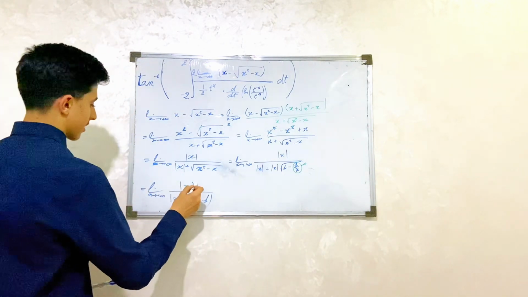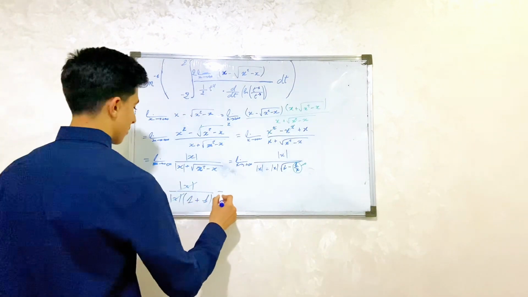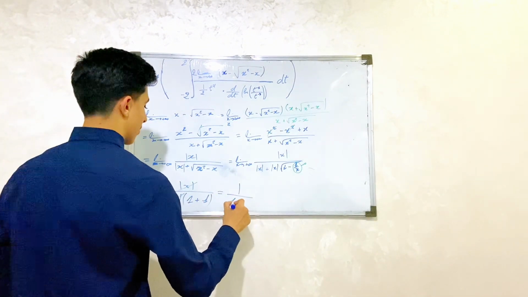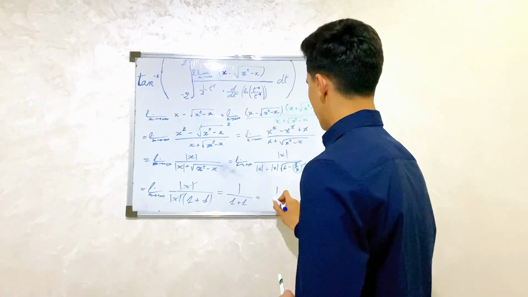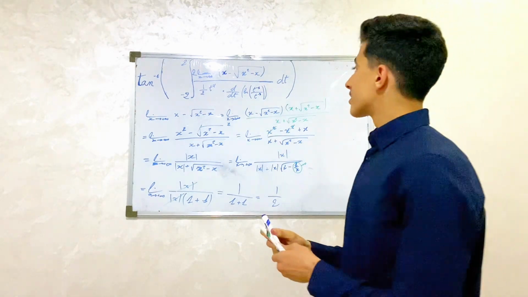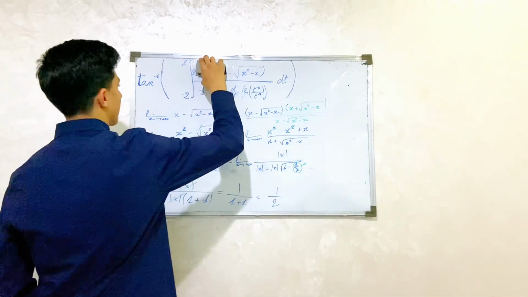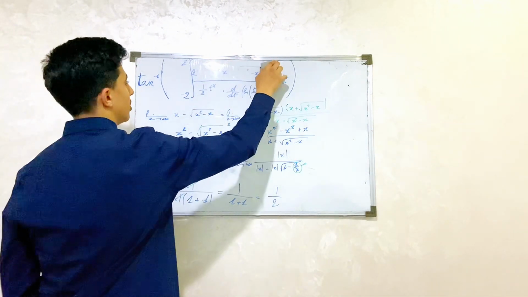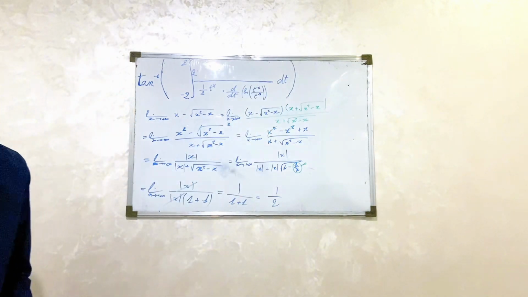We can just cancel out these terms. And we are left with 1 over 1 plus 1, giving us 1 over 2. We can go right to the top and replace the limit with its newfound value, which is 1 over 2.